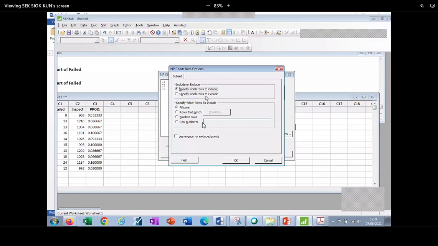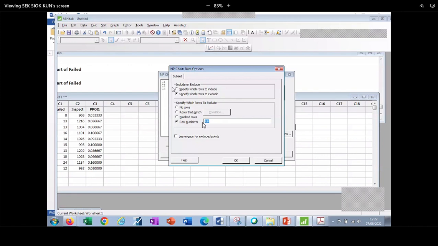If you detect any out of control, you want to remove them, then you remove. You can click here and specify which row to exclude. Then you enter the row number that you want to exclude, and this will be your revised control chart. You can mention which observation, number 4 and number 8, for example. Then it's okay, so you can do so.